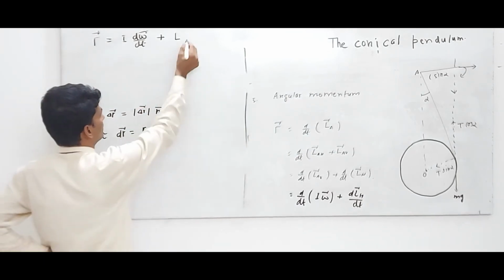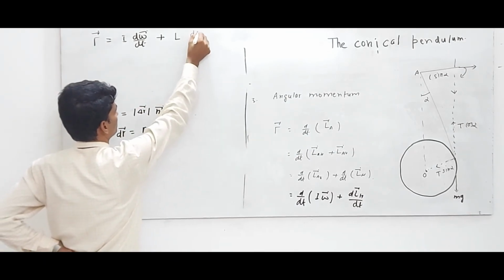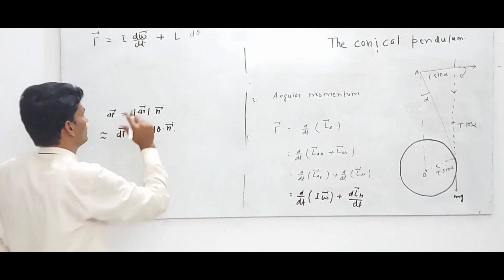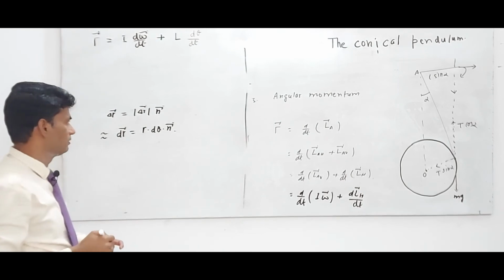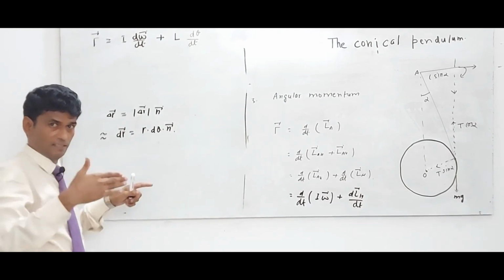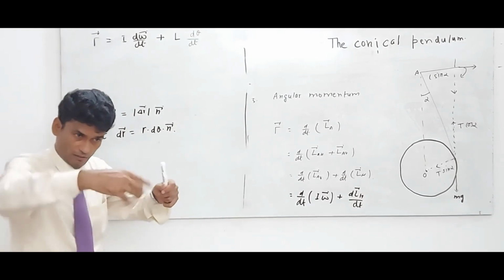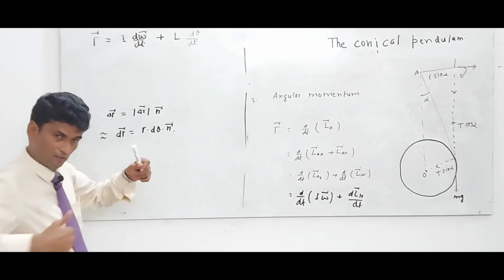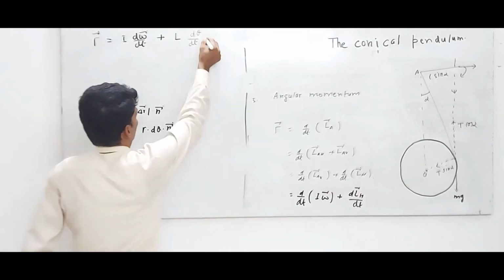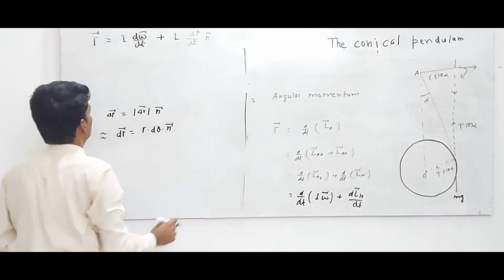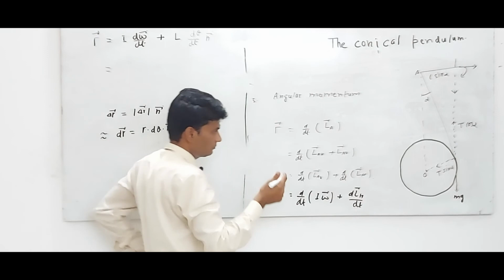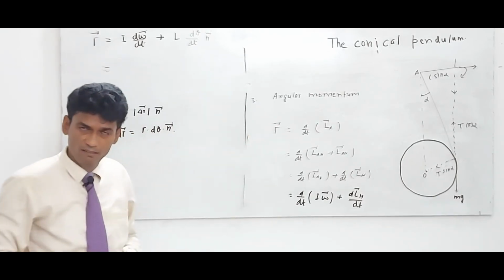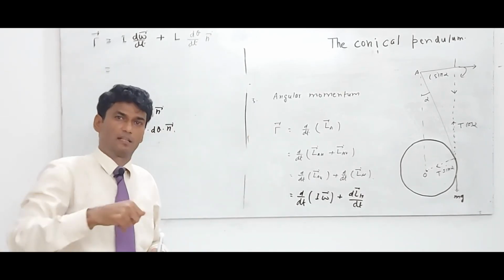Like that of r d theta over dt. And what about the unit vector? The unit vector is tangential, in the horizontal circle, tangential like that. Say this is the unit vector n. As we know here, the angular velocity is constant.